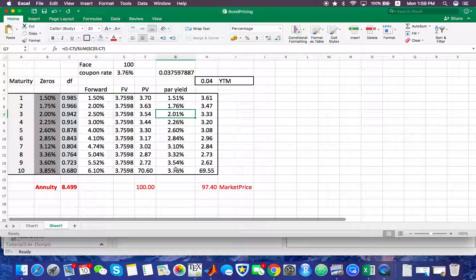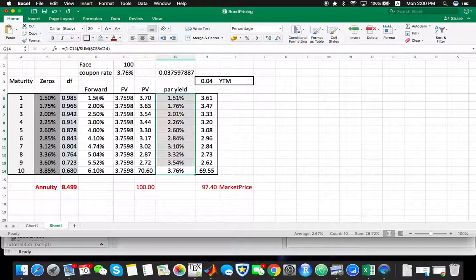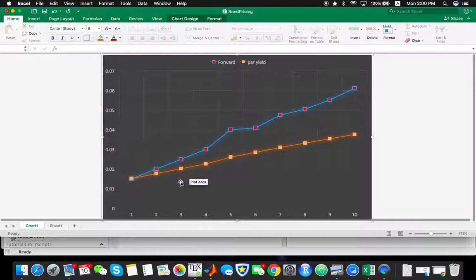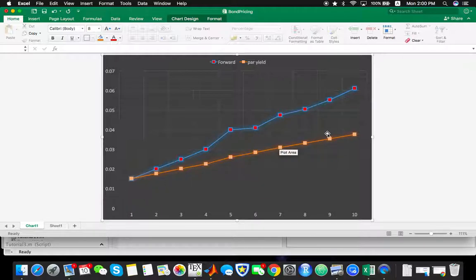And if you apply this formula for all of these years from 1 to 10, you can plot this as your par yield curve. And we can also see that the par yield curve and the forward curve are related to each other, but they are not the same.